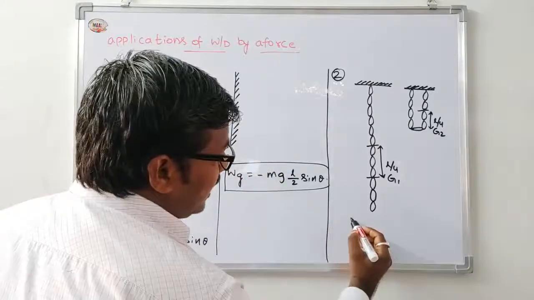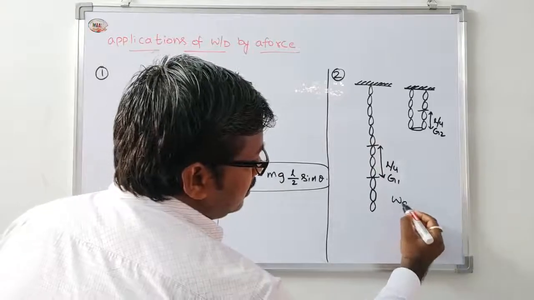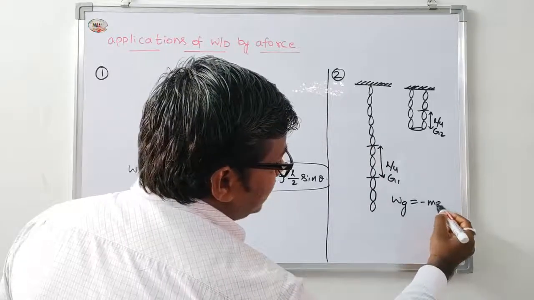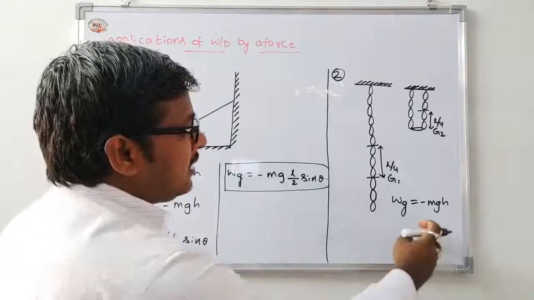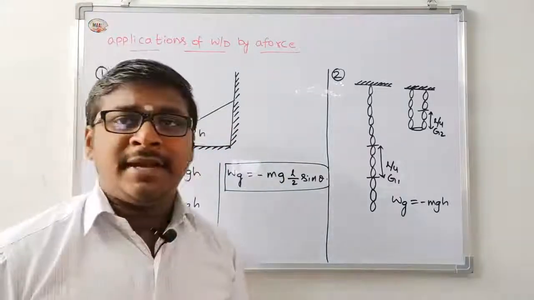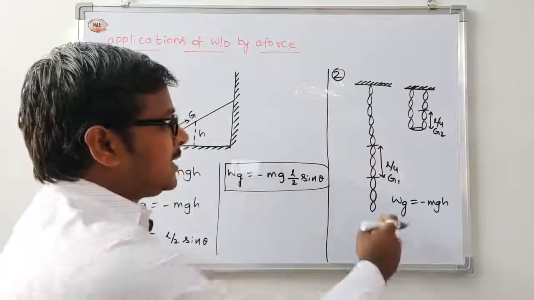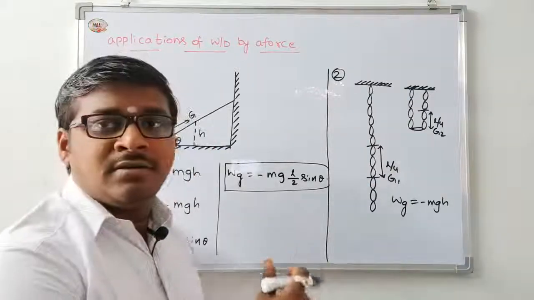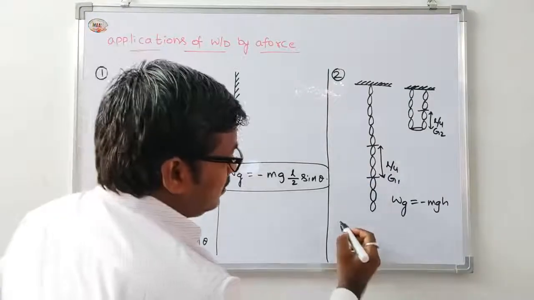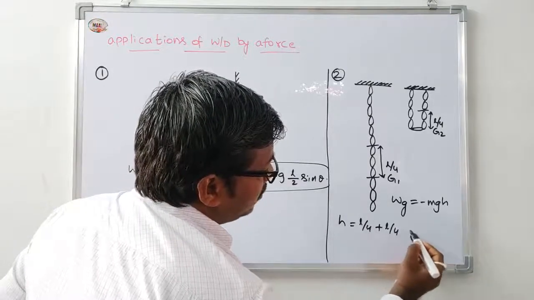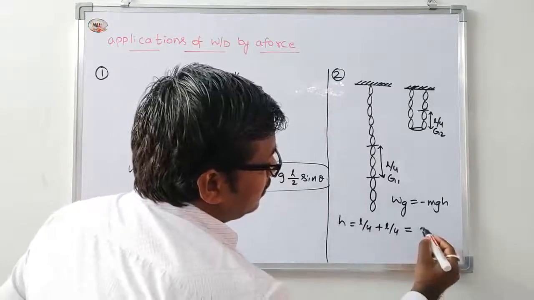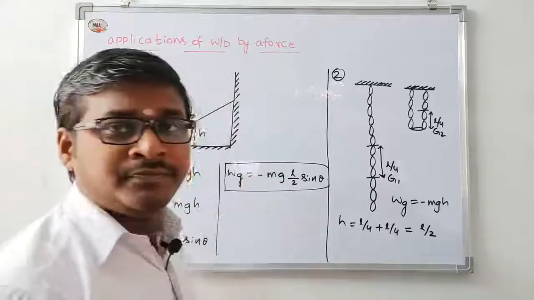The work done by the gravitational force, Wg, is equal to minus mgh, where h is the height gained by the center of gravity with respect to the initial position G1. h is equal to L by 4 plus L by 4, that is equal to L by 2.